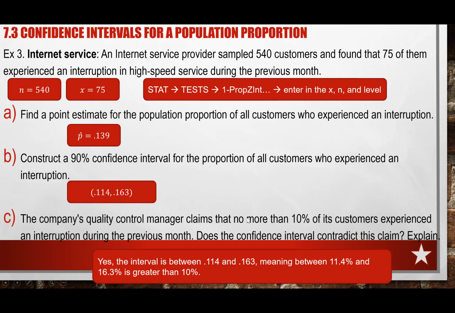That's why it's hard for me to answer your question, because I don't know the exact question. Like I say, in statistics, one word will change it. So this one here says no more than 10%, so I'm not really sure if they say at least 10% or something like that.